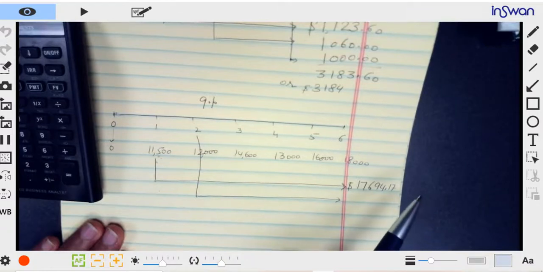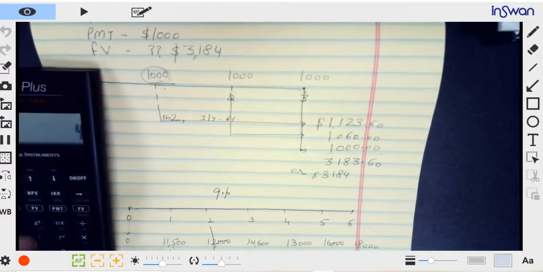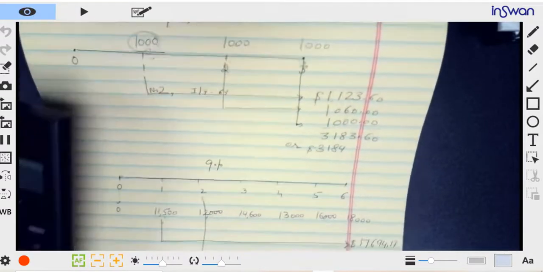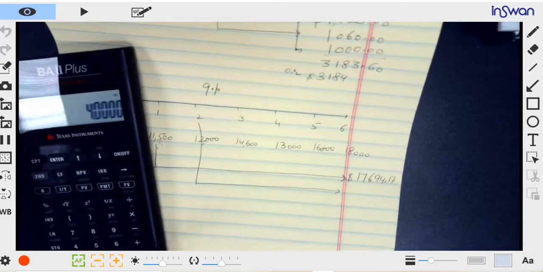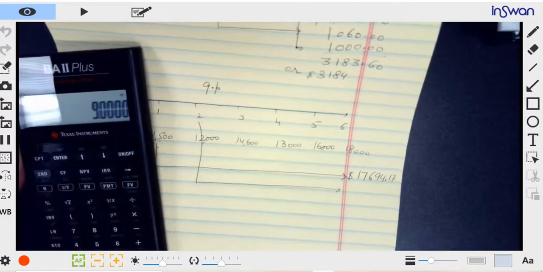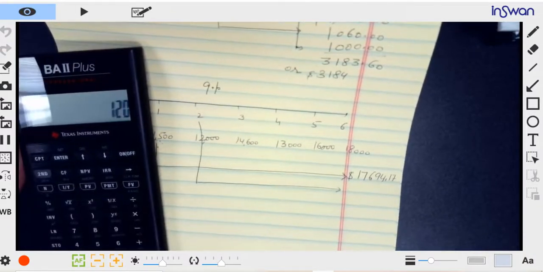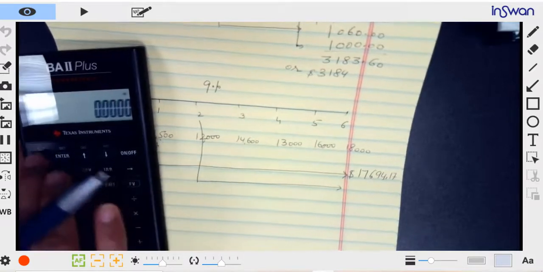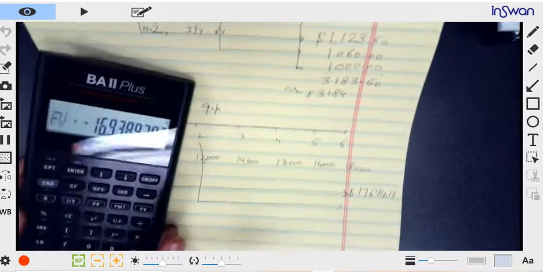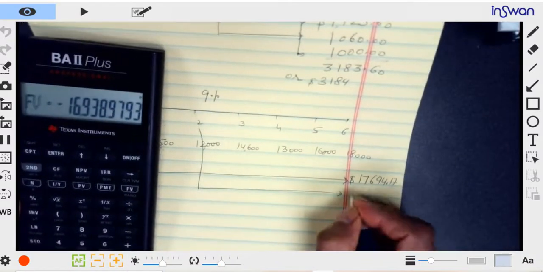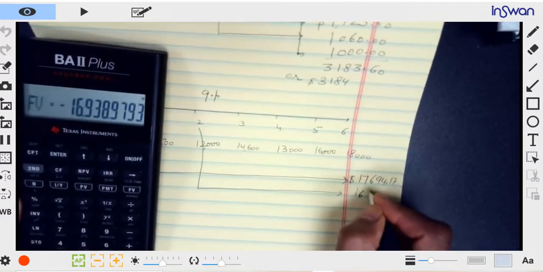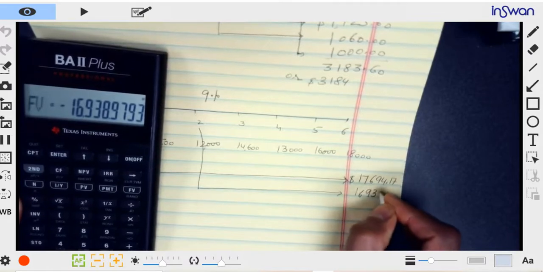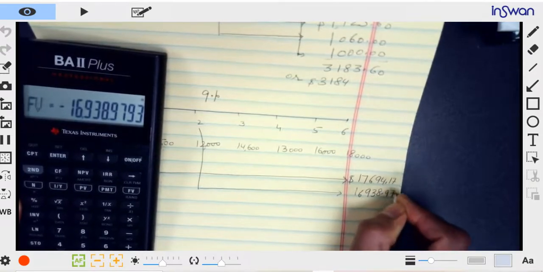So the compounding is taking place 4 times. 4 is the value of n. 9% is the interest rate. Present value is $12,000. 0 is payment. Compute future value. It gives us a value of 16,938.97.